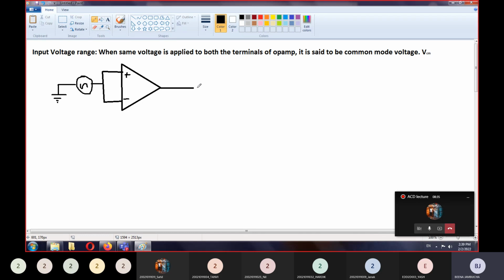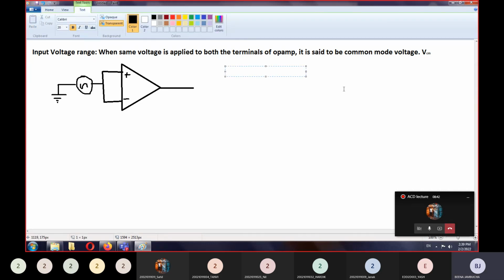If we consider IC 741, this value can be plus or minus, it may go from plus 15 to minus 15 volts maximum.